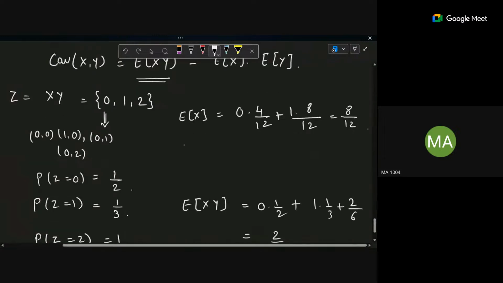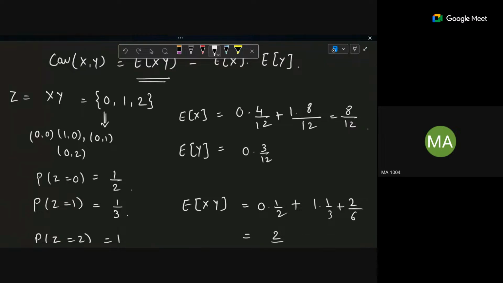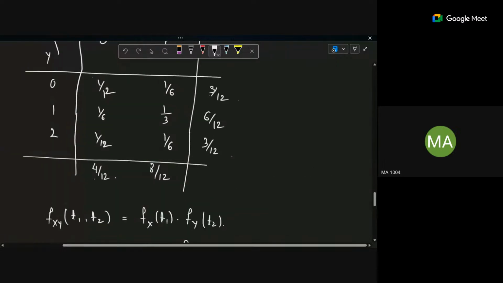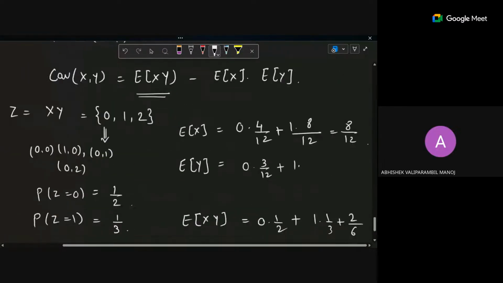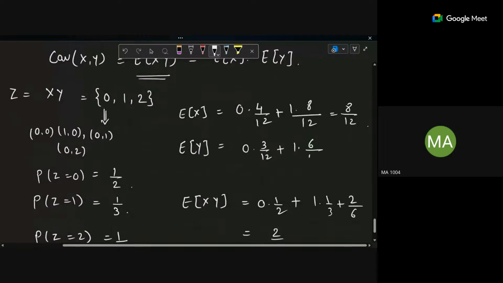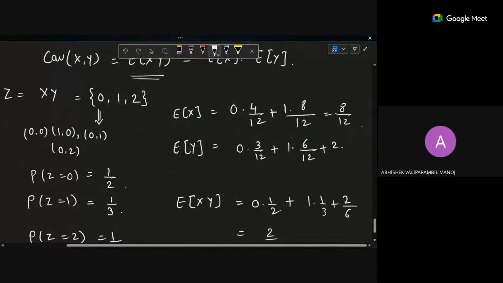What about expectation of Y? So it will be 0 into 3 by 12 plus 1 into 6 by 12 plus 2 into 3 by 12.